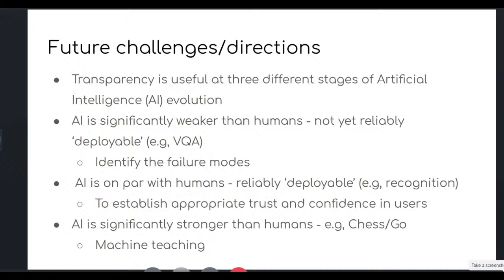But we are at a different stage now, where some of the tasks are very easy for computers. For example, object recognition: there are 95%, 96% accurate models, which is very good, right? And in games like chess and Go, machines are winning against the champions, right?